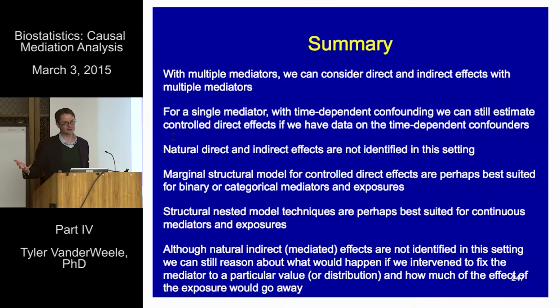Natural direct and indirect effects are not identified in that setting, but we can make some progress with sensitivity analysis techniques, with sort of doing randomized interventional analogs of our direct and indirect effects, or looking at path-specific effects. But in many cases, returning to what we discussed at the beginning, it's really the controlled direct effect that's of policy interest, and that we can do here.